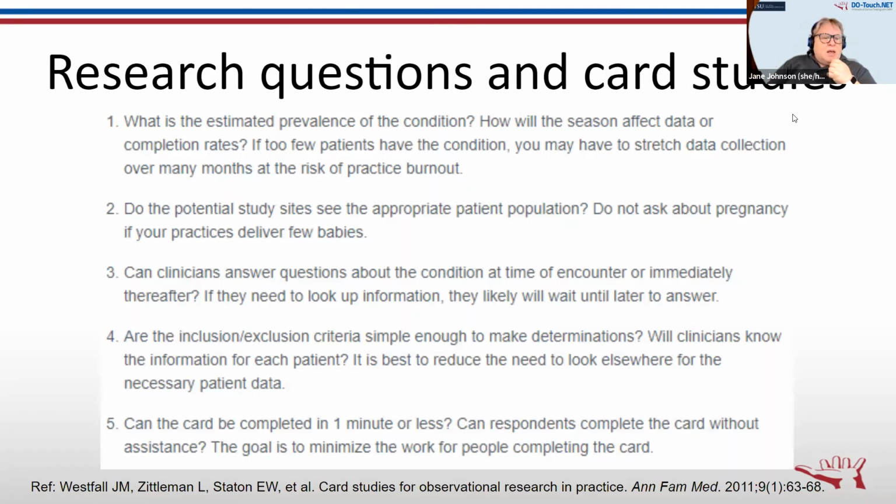So Jack Westfall and his colleagues wrote a paper about card studies, basically how to do card studies. And I found it very helpful to see what they found and what their recommendations were. And one of their recommendations was about what kind of research questions are appropriate for card studies.